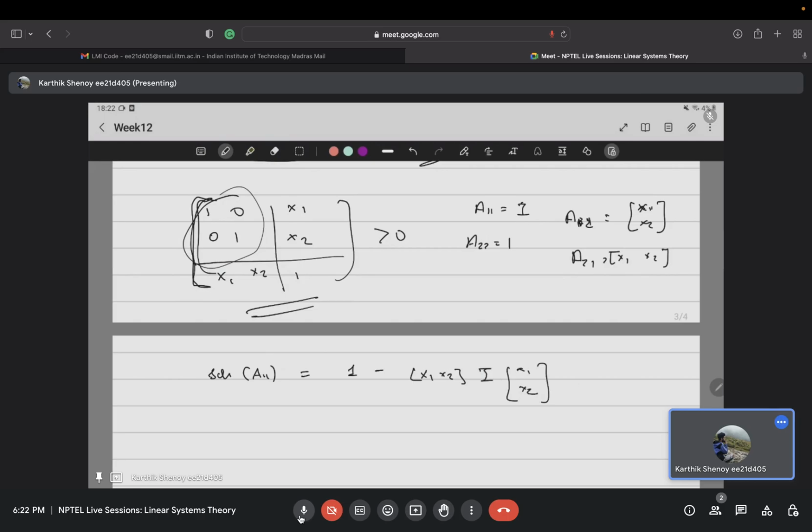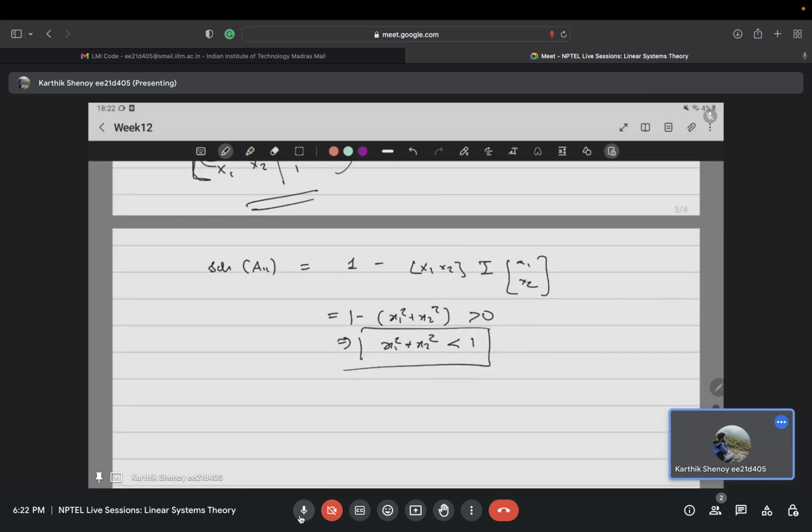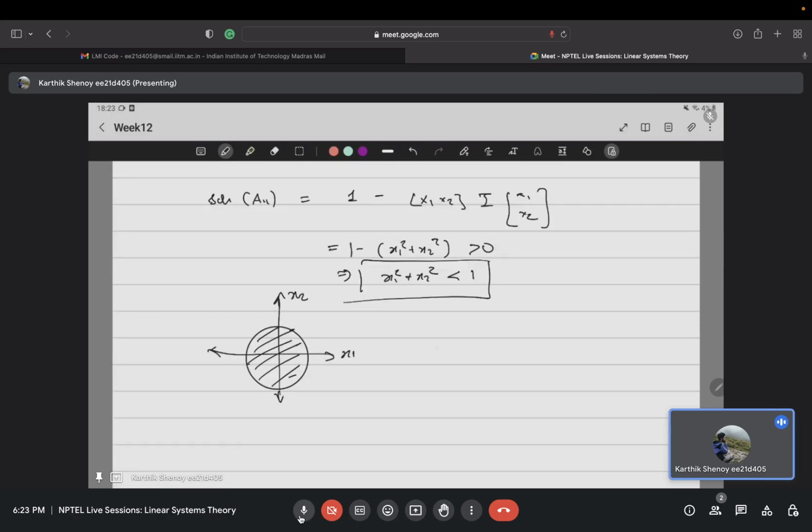Okay, so identity inverse is identity itself, so this is 1 minus (x1 square plus x2 square) is greater than 0, which implies x1 square plus x2 square is less than 1, which is a region inside a unit circle. So it's this shaded region. So if you pick x1 and x2 that is inside the shaded region, it will always have an eigenvalue which has positive real part. Okay, so that's the meaning.